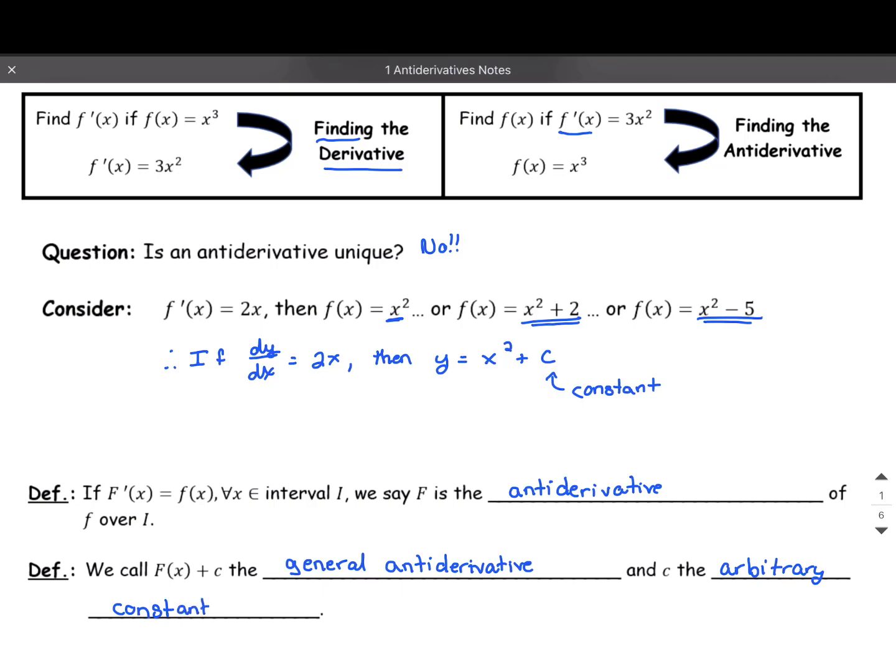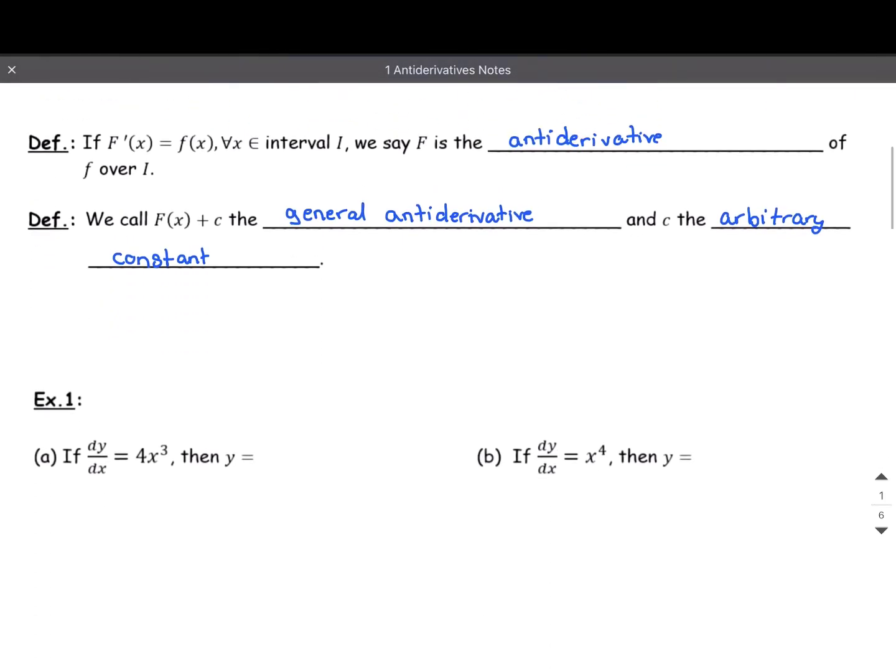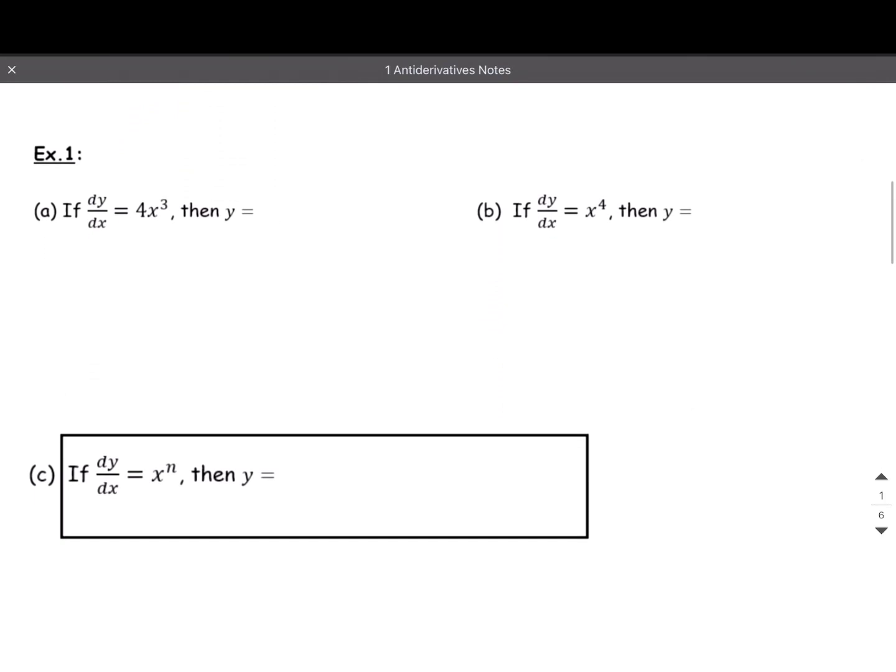So each function has an infinite number of antiderivatives. That's why that plus c is the general antiderivative.